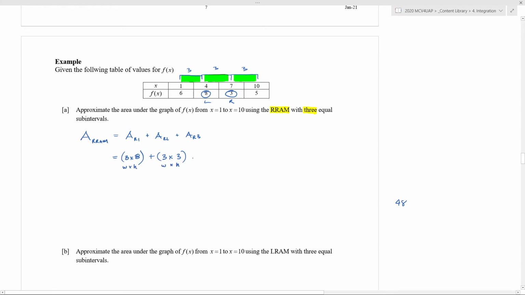And then for the last rectangle, if I erase this here, then I would be looking at one of those 2 as the height. The width is still 3, but because this is a right rectangular approximation, I'm using 5 as the height. So this is the width, this is the height. So I get 24 plus 9 plus 15. You add that up and you get 48.